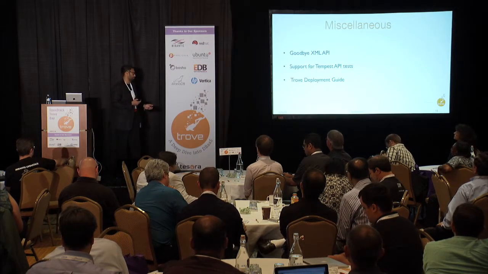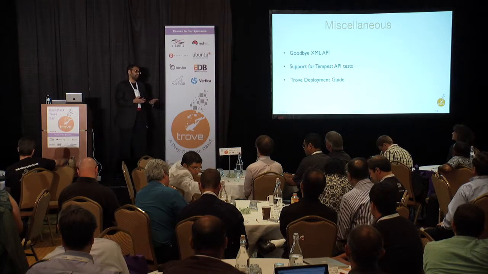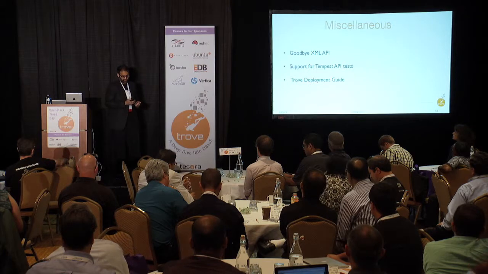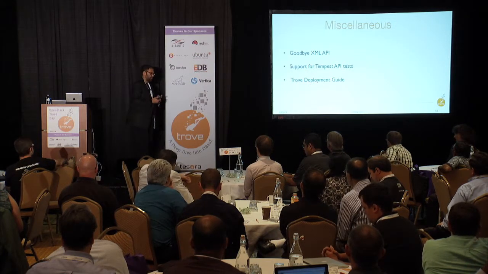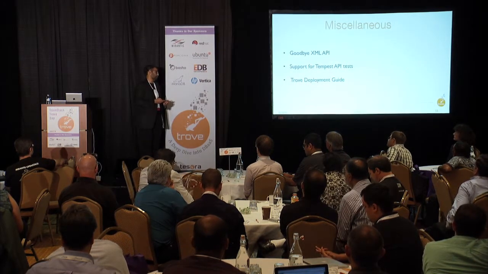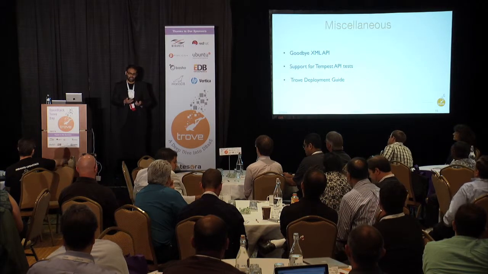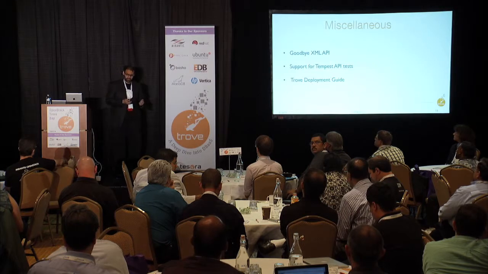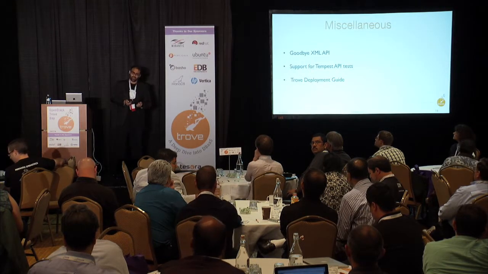Wanted to be good OpenStack citizens, and Tempest integration test coverage numbers were low, so added support there. We also added a bunch of documentation, and we added a new Trove deployment guide, Trove developer docs, and did a bunch of cleanup work for already existing documentation that we had.